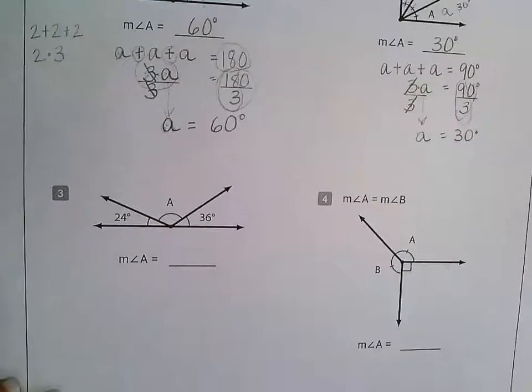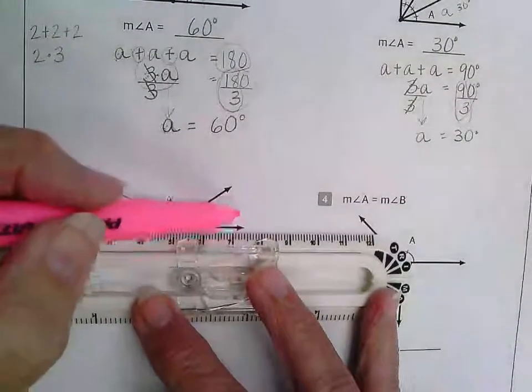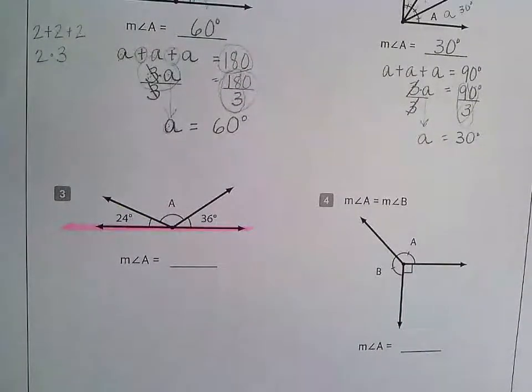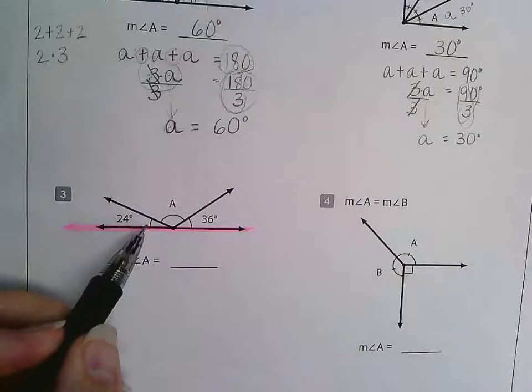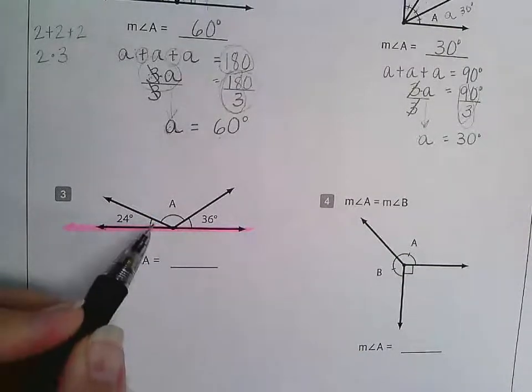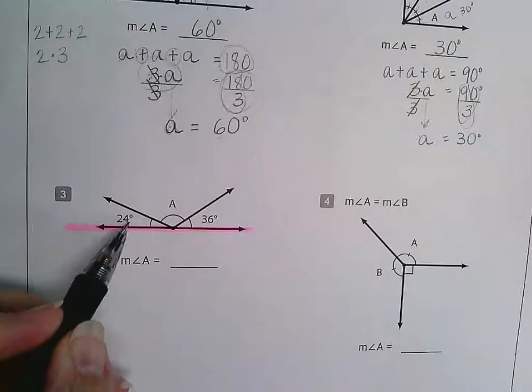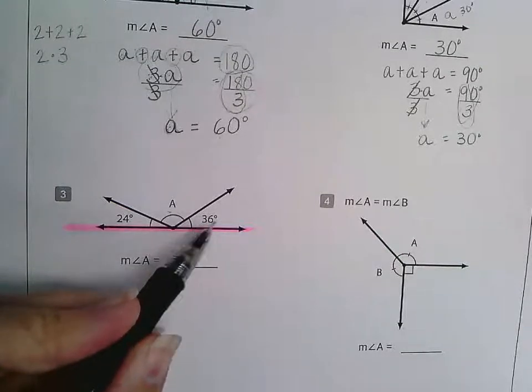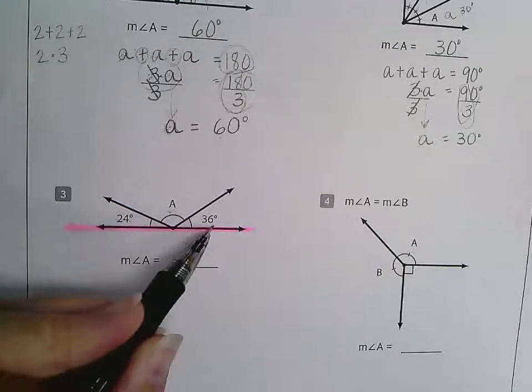Here I'm given a straight angle, and the measure of a straight angle, remember, is 180 degrees. Notice that I do not have tick marks through the angle indicators, so this angle measure is not the same as this one, and this one is not the same as this, and obviously these two are not the same.